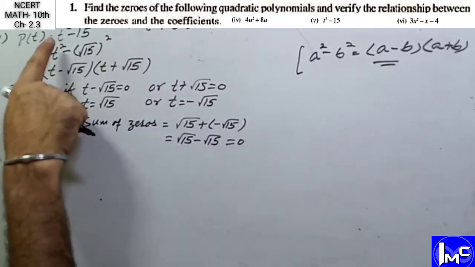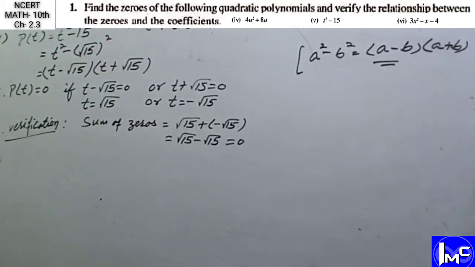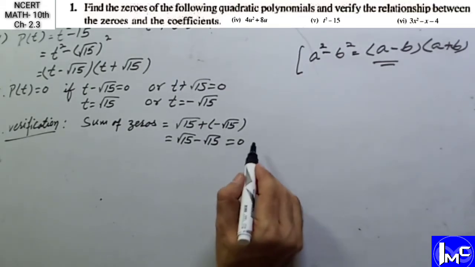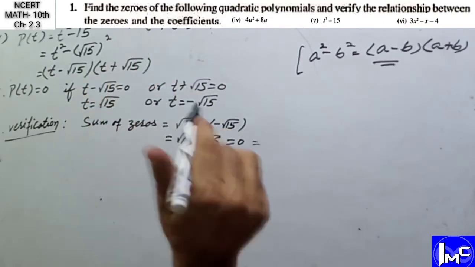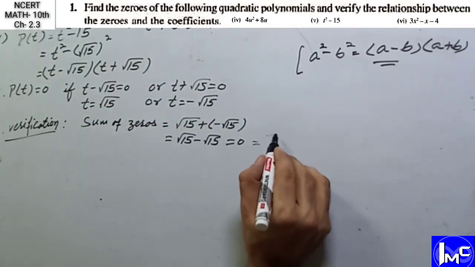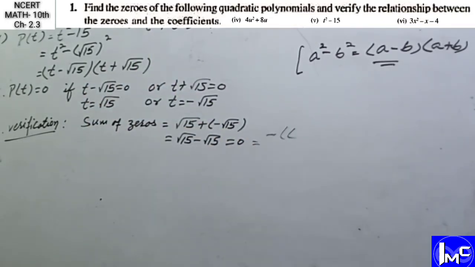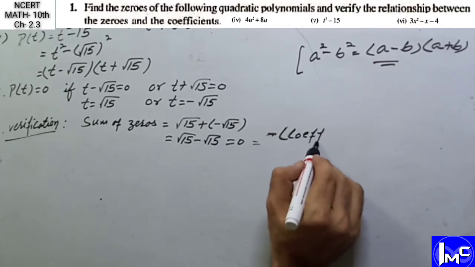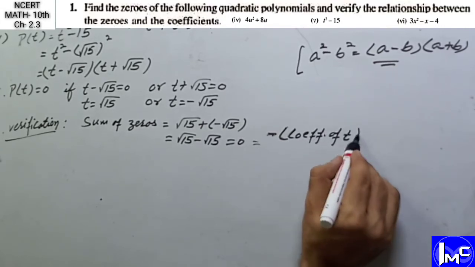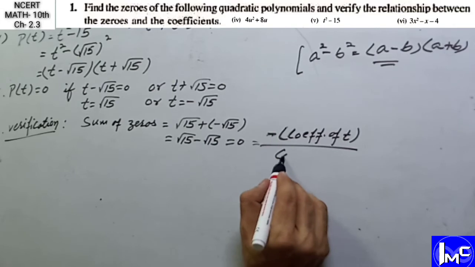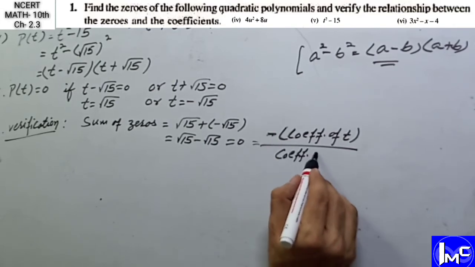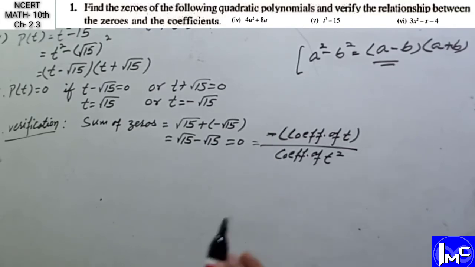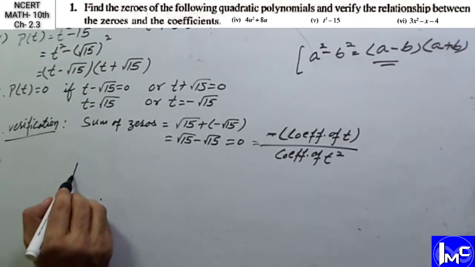These polynomials are of the same order and are of the same value. So it is the 0, and 0 is what? It is minus coefficient of t over coefficient of t square.